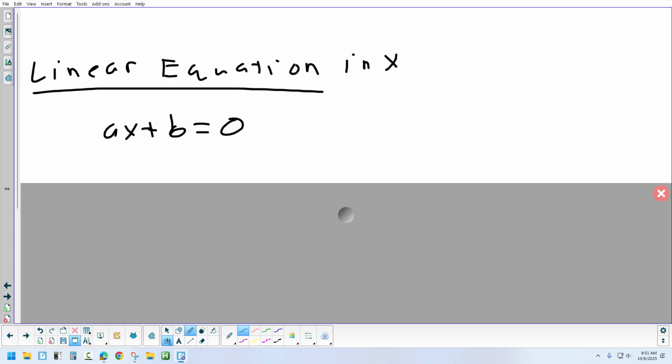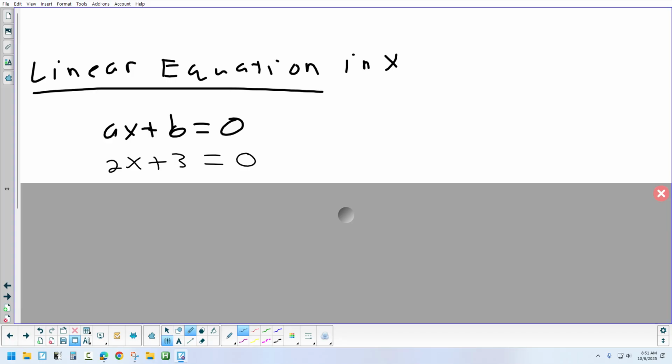So an example is 2x plus 3 equals 0. So any equation that you set equal to 0, and it has a number with x to the first, and then just a constant. Even if it doesn't look like that at first.